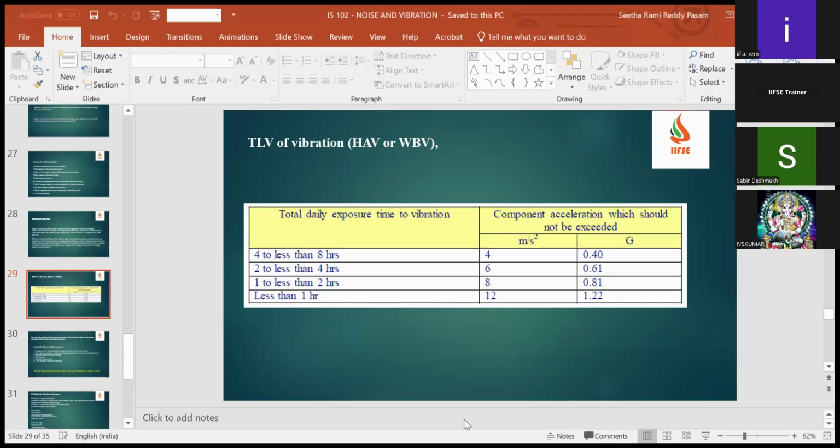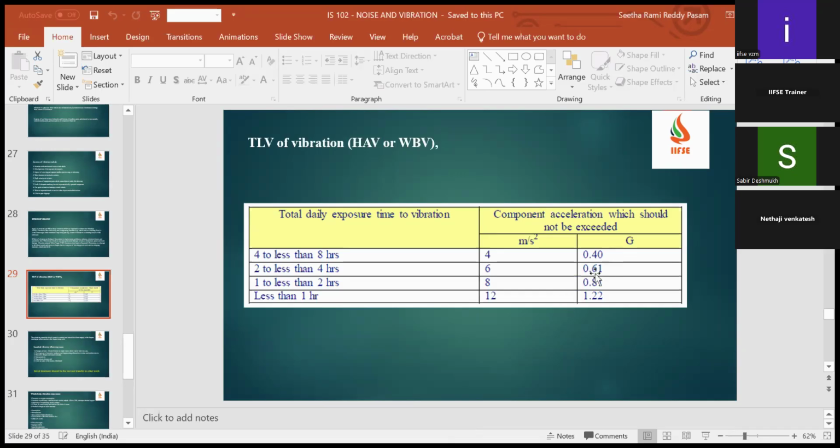That will be equal to 1G. If you multiply, here 4 meter per second means 0.4 G. The meter per second they converted into the acceleration due to gravity. It is a conversion unit.